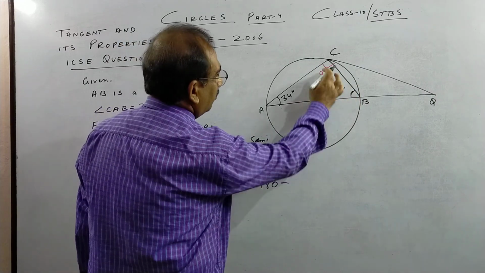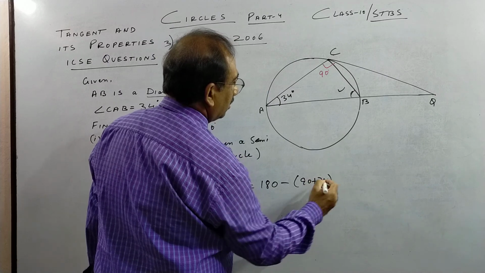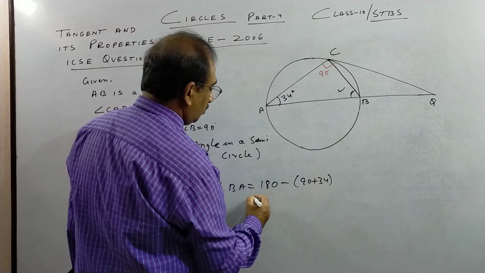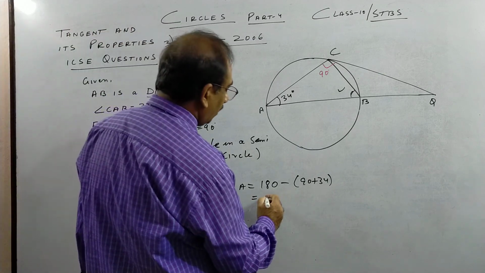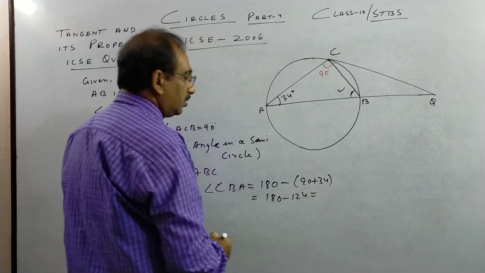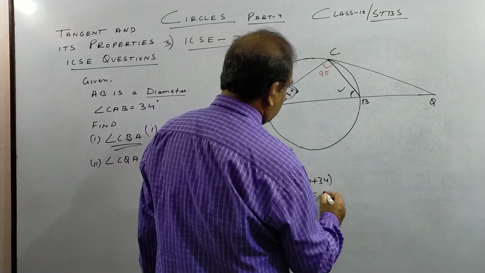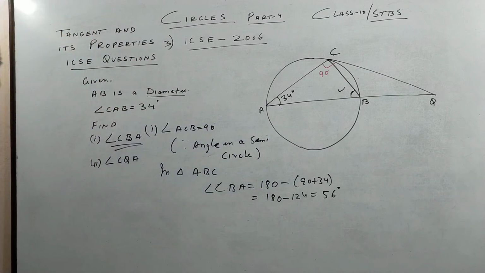So this angle will be 180 minus 90 plus 34. So we will get this angle to be 180 minus 124, which is, I think, 56 degree.